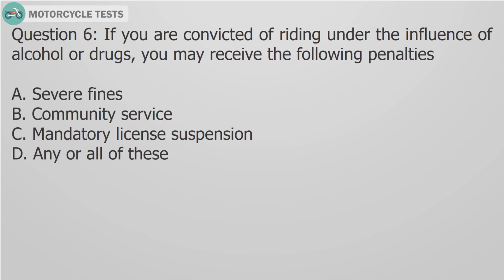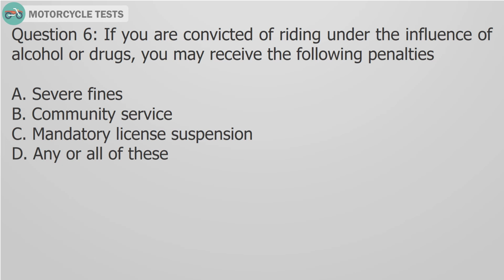Question 6. If you are convicted of riding under the influence of alcohol or drugs, you may receive the following penalties. A. Severe fines. B. Community service. C. Mandatory license suspension. D. Any or all of these.